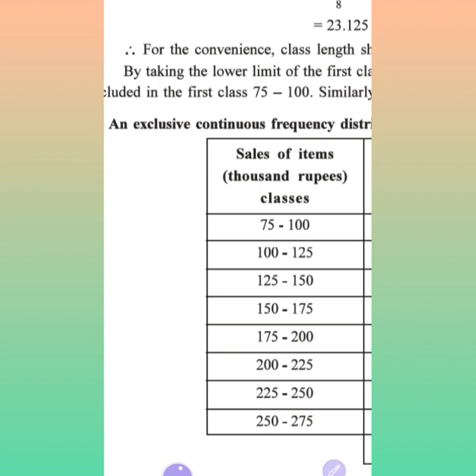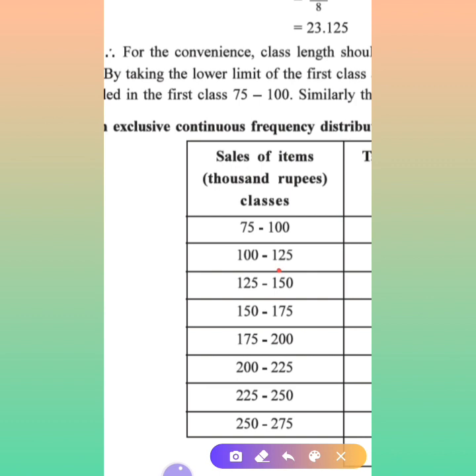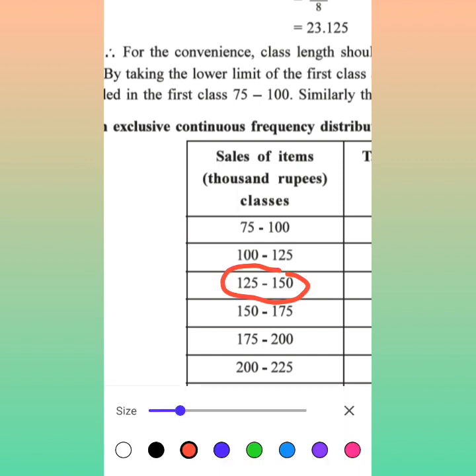Why exclusive? Suppose I take this class 125 to 175. Now see, children, the lower limit of the given class and the upper limit of the previous class are the same, that is 125.